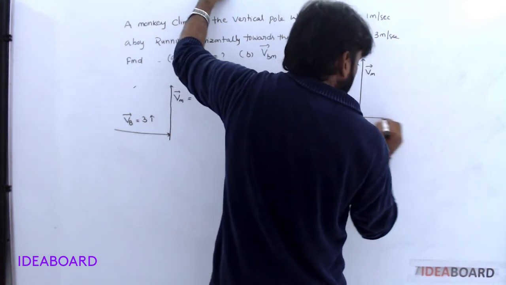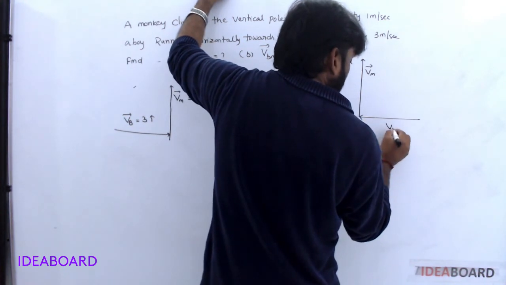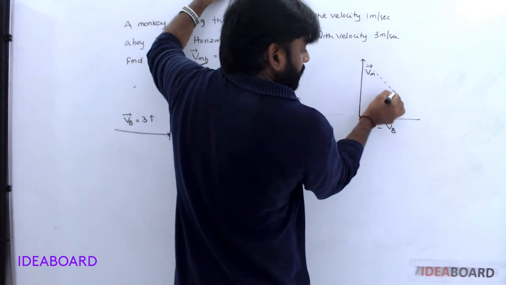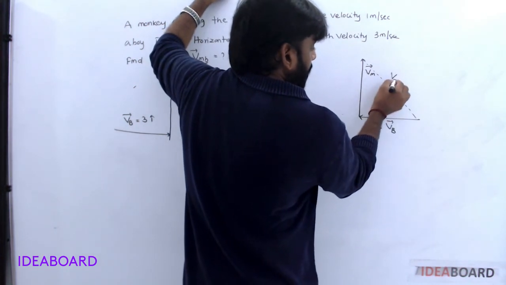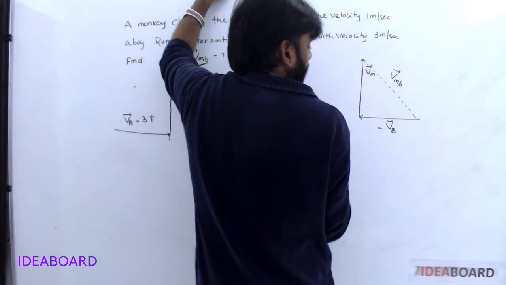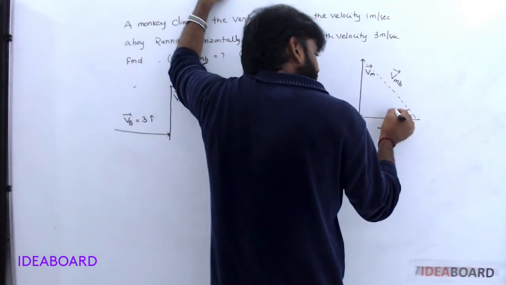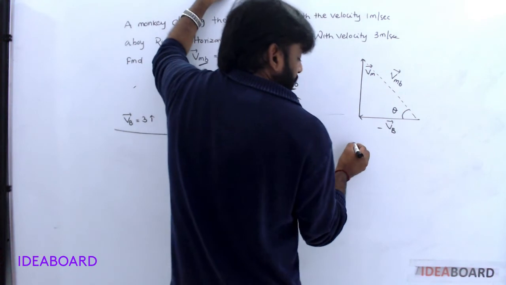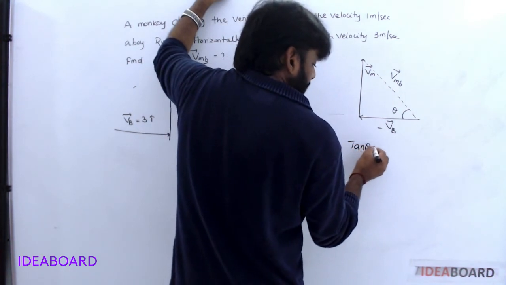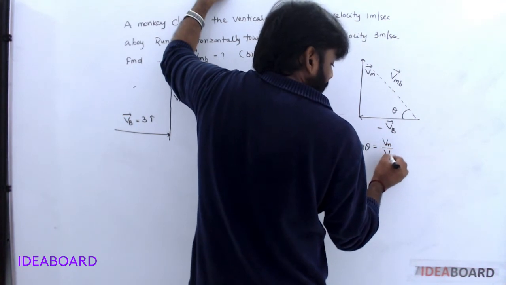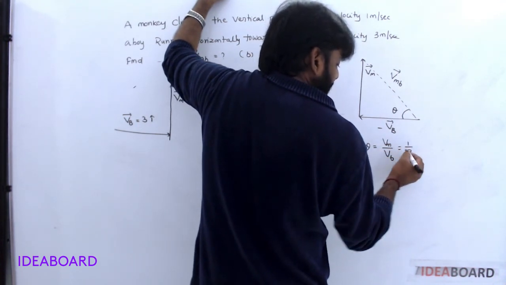Okay, this one is the boy velocity direction, minus. Now this one gives the monkey velocity with respect to boy. For the monkey velocity with respect to boy, you take this as the angle. Understood? Tan theta is equal to monkey velocity by boy velocity, 1 by 3.